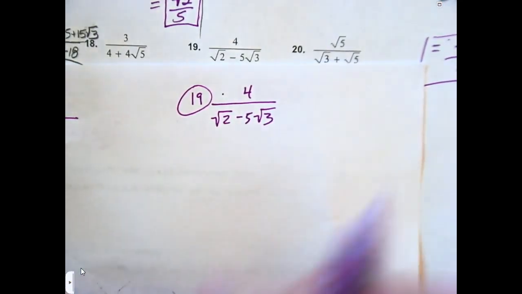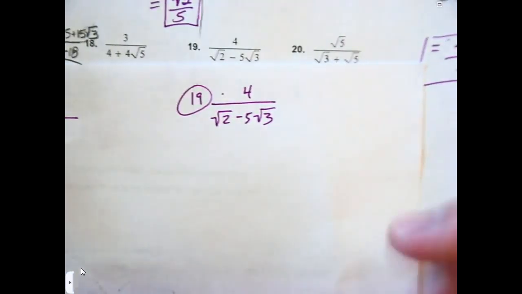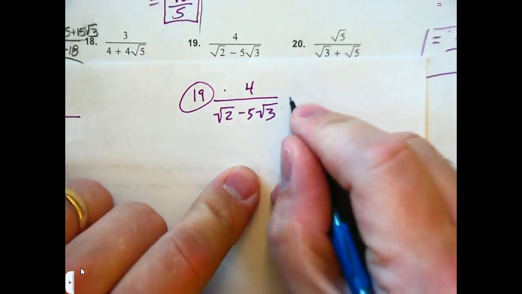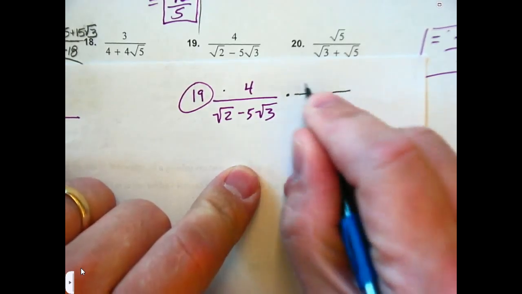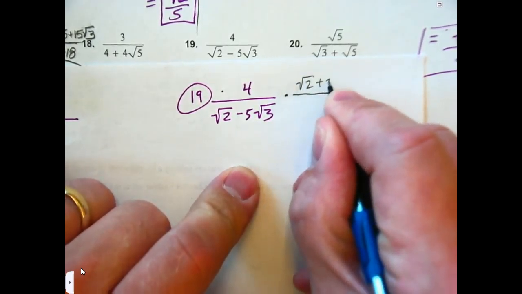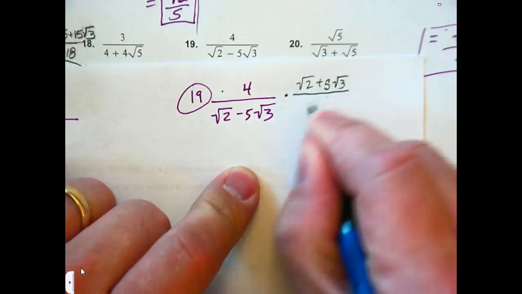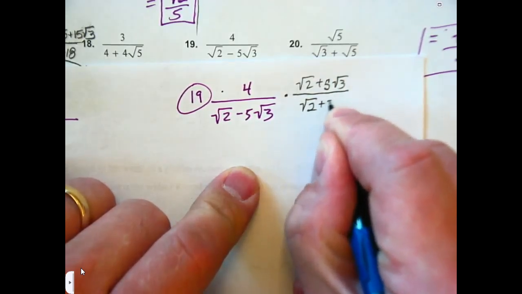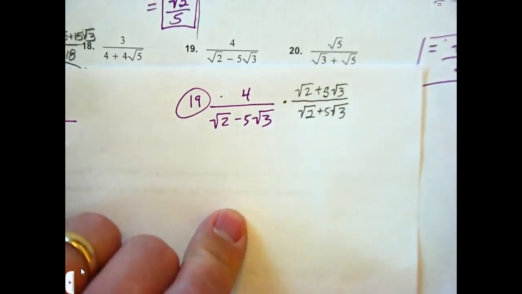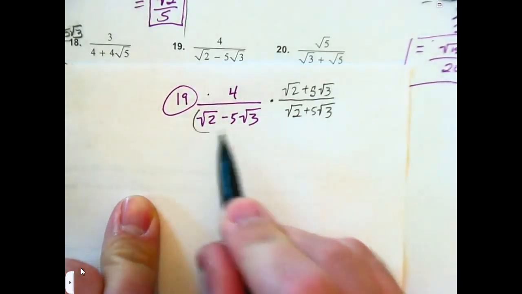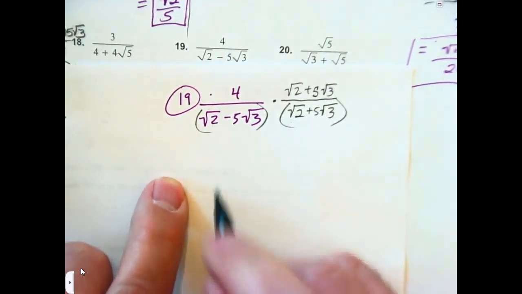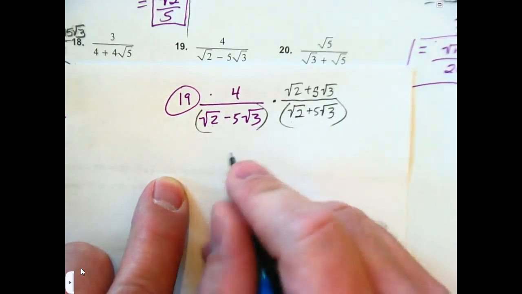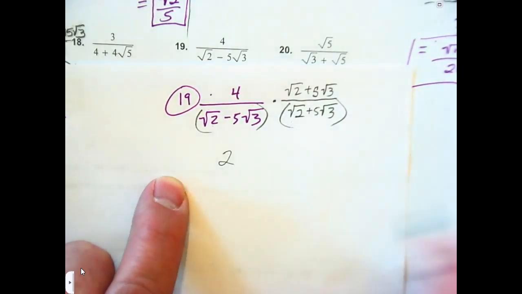All right. What's my first step? Yeah, multiply by the conjugate. Well done. So when we multiply this bottom by that bottom, we end up with root 2 times root 2, which is root 4, which is just 2.